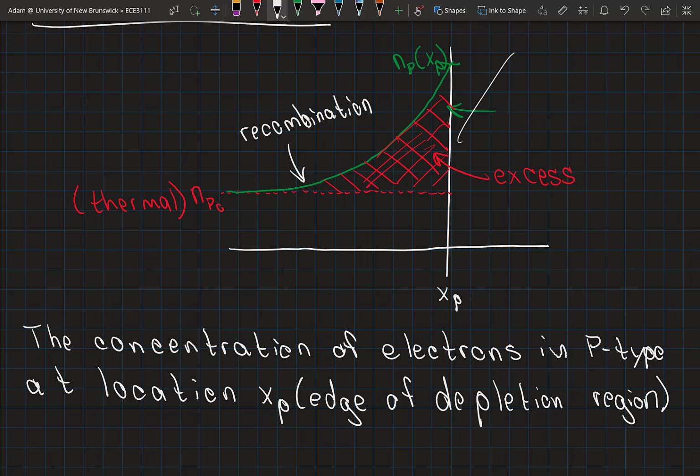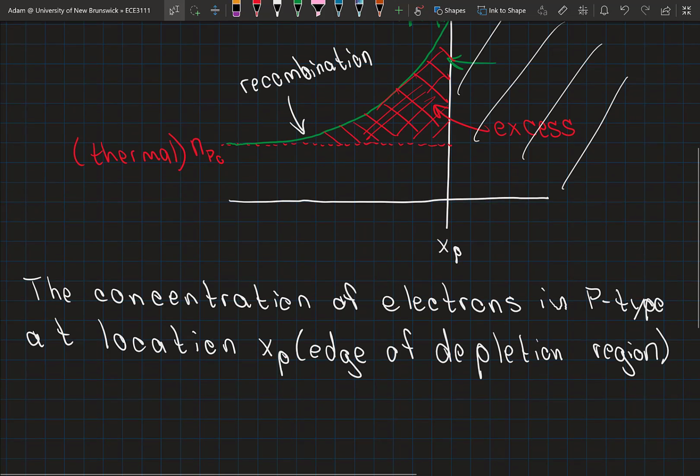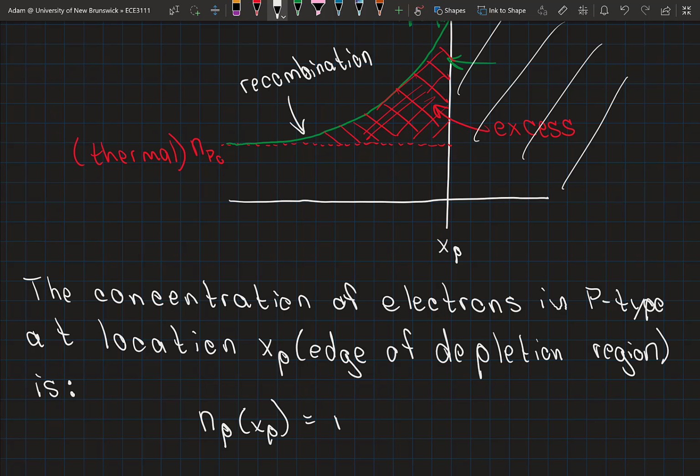Right, this area here being the depletion region, and I'm just showing one side of it. And that concentration, we said, is equal to the concentration with zero bias times e to the VF, the forward voltage divided by the thermal voltage.